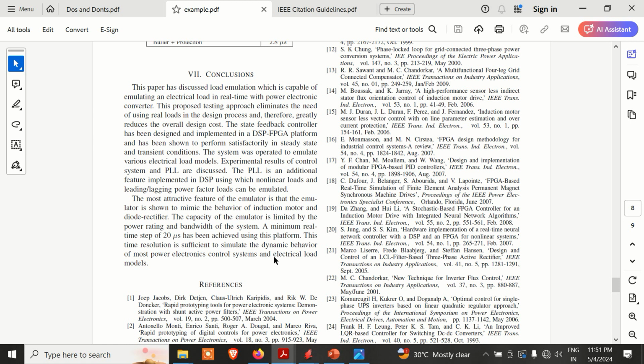So in the conclusions also, no references, no citations, no equations, no tables, no plots, no figures. It's textual.